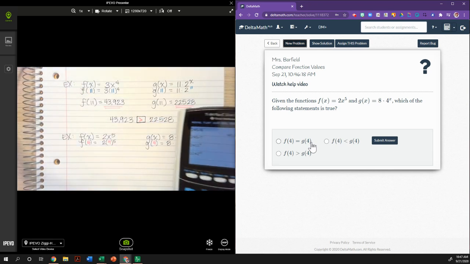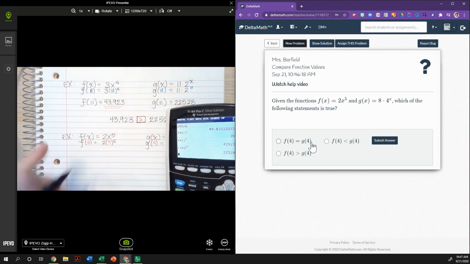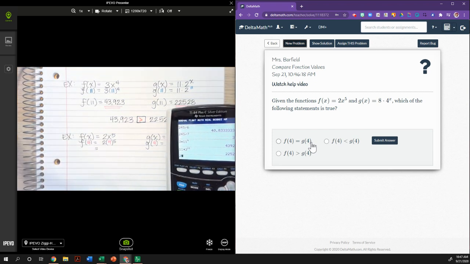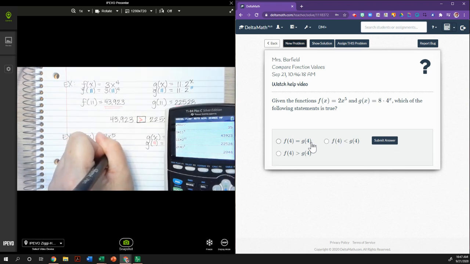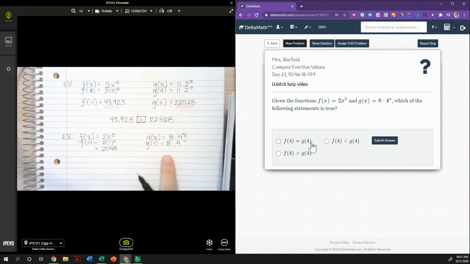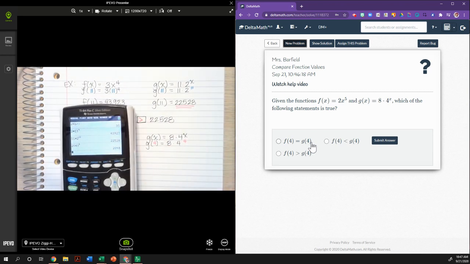Okay, so I'm going to use my calculator. All right, so 2 parentheses 4 to the fifth power. So that gives me 2,048. And then 8 times 4 to the exponent of 4.